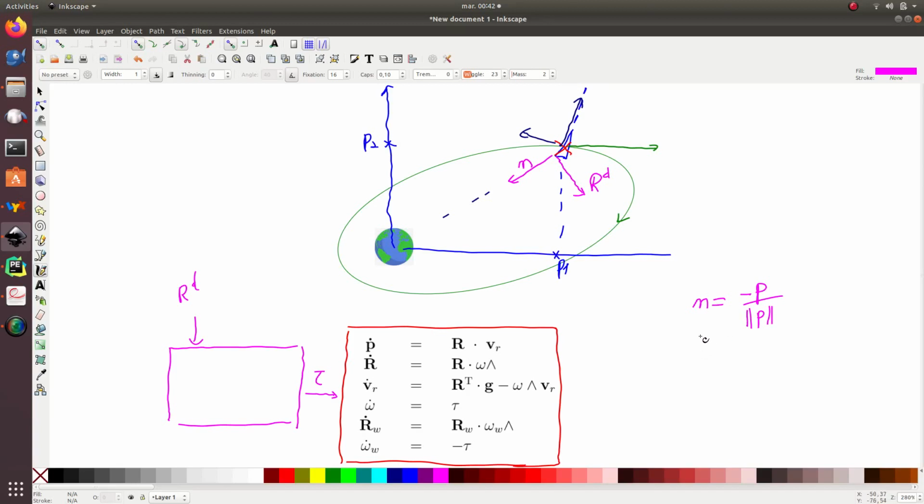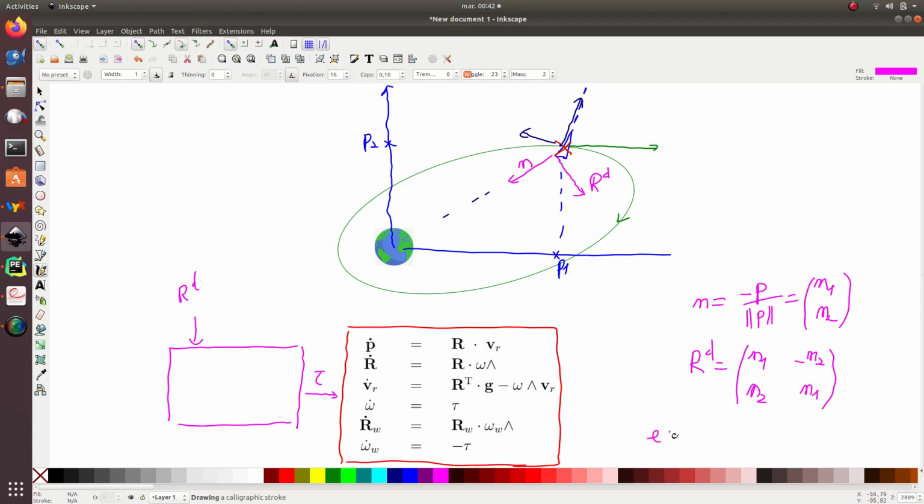From this n1, n2, I will be able to build RD, which is equal to n1, n2, and to make a rotation matrix I will add another vector which has minus n2 and here n1, okay, which depends on p.